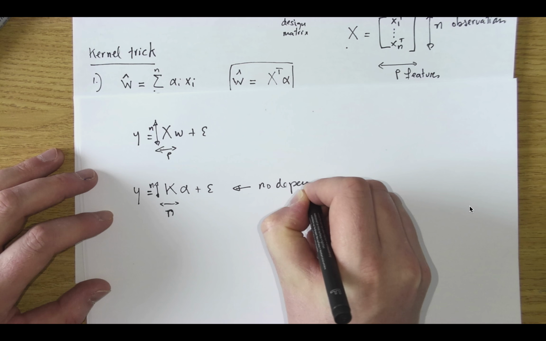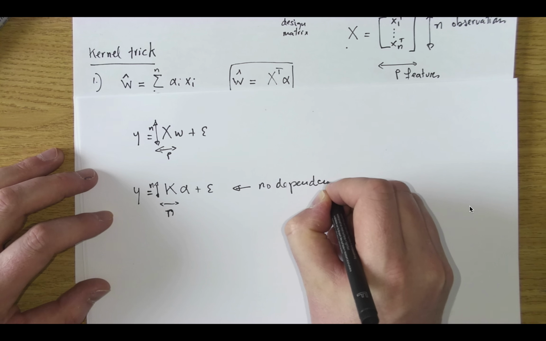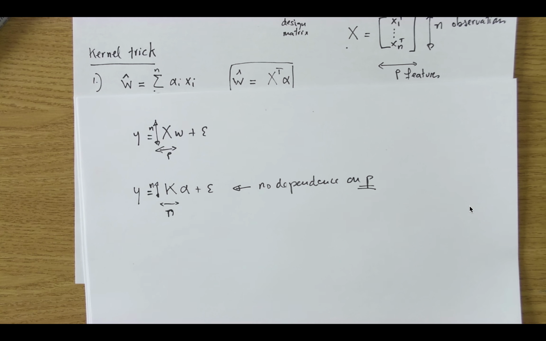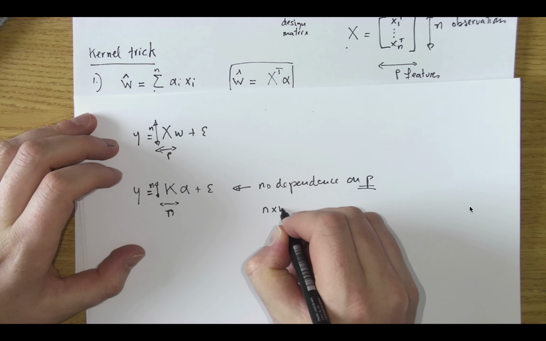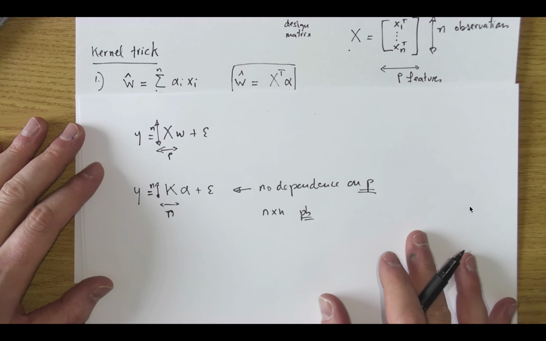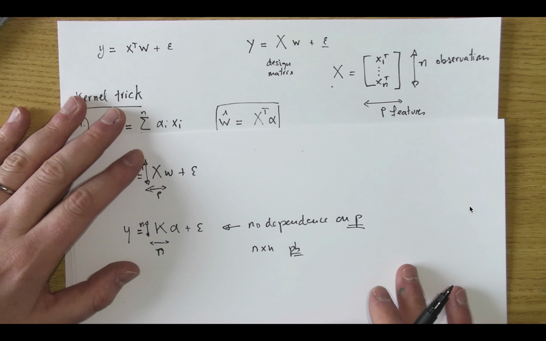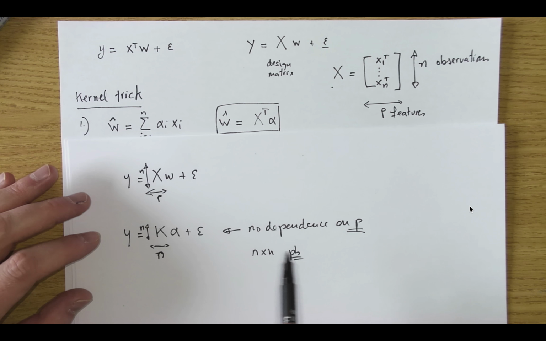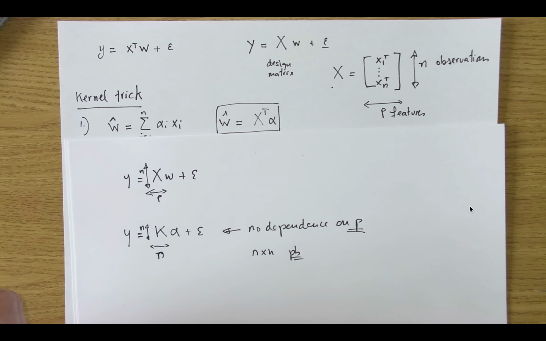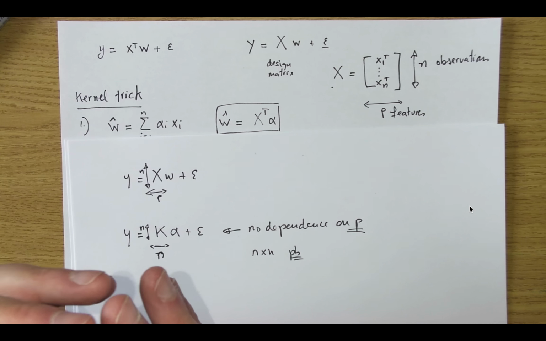There is no dependence on p, so it's an n by n problem. This is where it's interesting, because it means we now have a mechanism, called the kernel trick, to transform your problem so that you don't look at the size of the feature vector, but just at the size of your data set.